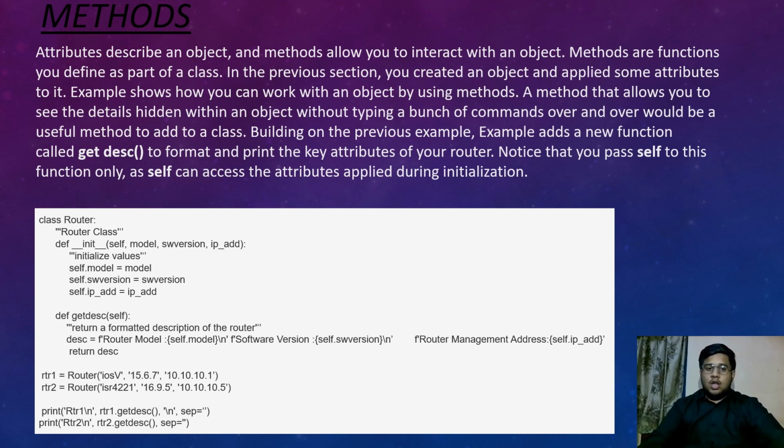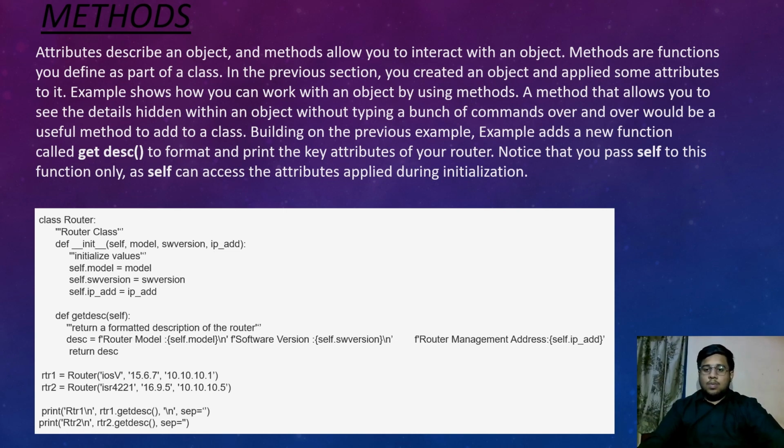A method that allows you to see the details hidden within an object without typing a bunch of commands over and over would be a useful method to add to a class. Building on the previous example adds a new function called getDisk to format and print the key attributes of your router.